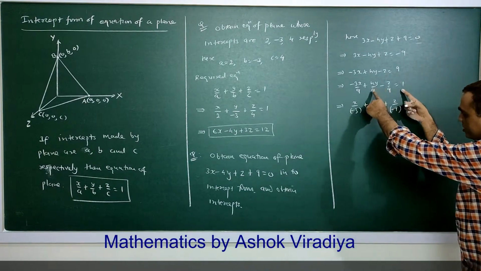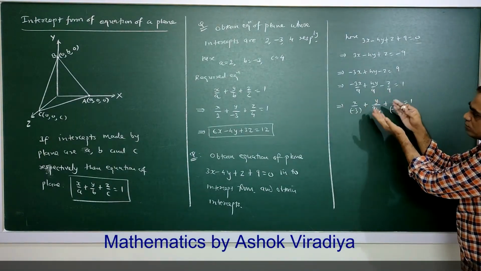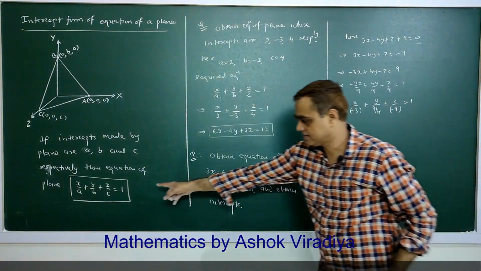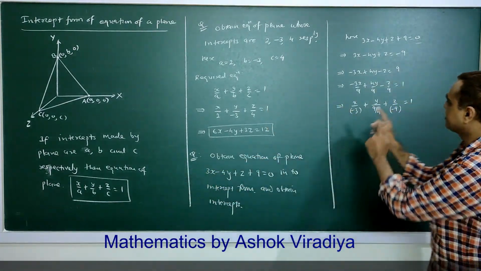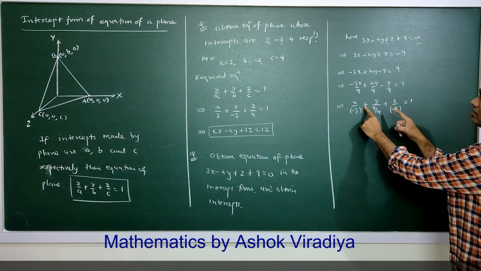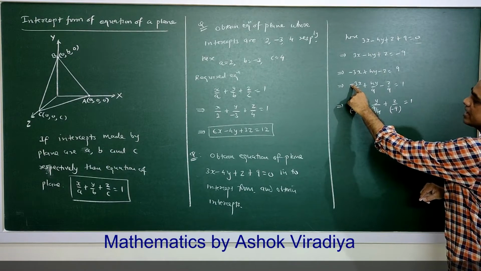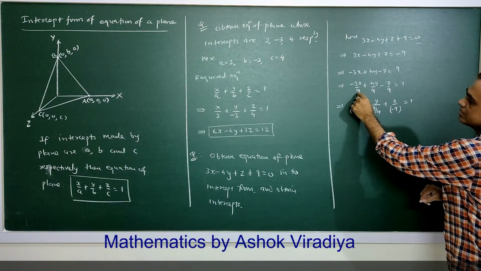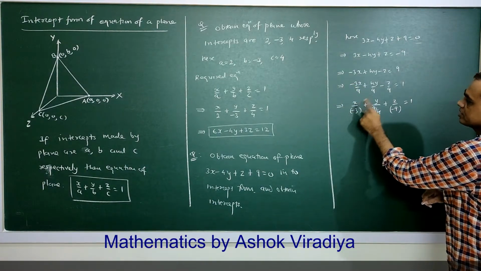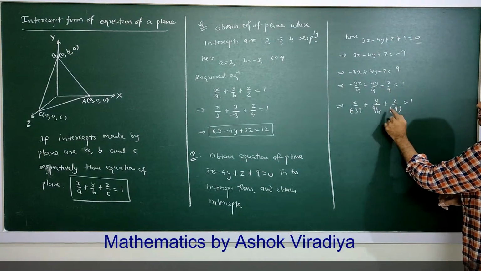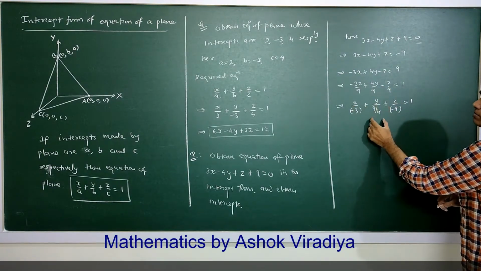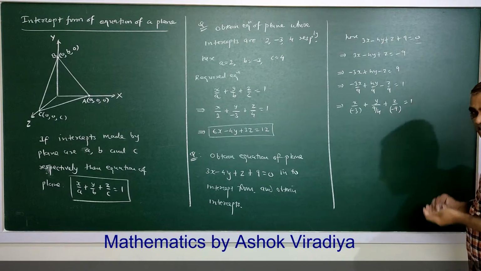This equation is converted into this pattern. Terms are separated by plus sign, so this minus is arranged with the number in the denominator. So x upon a plus y upon b plus z upon c is 1.